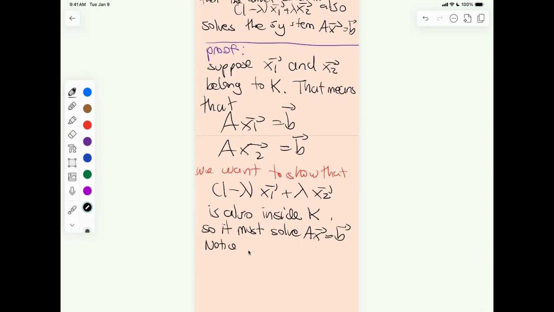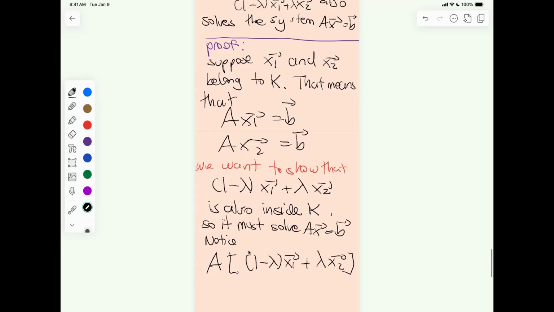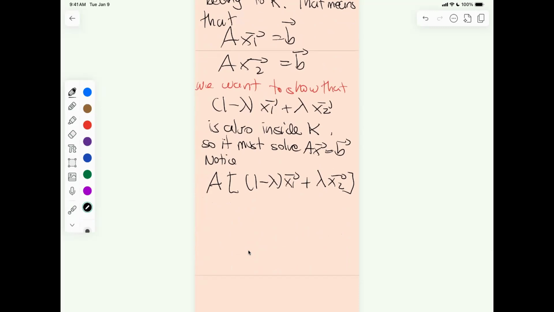Notice, what is A times (1 minus lambda) x1 plus lambda x2? Well, matrix multiplication allows you to distribute. So that's the same as A times (1 minus lambda) x1 plus A times lambda x2.